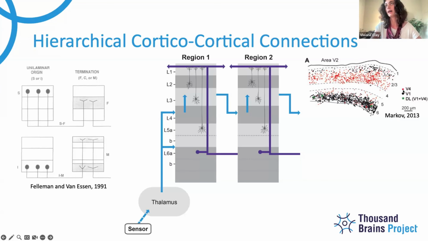And you can see that the dye inserted in V4, which is a region located higher in the hierarchy than V2, gets inputs from layer 2-3 of V2, and then V1 is the region that's lower in the hierarchy. And with the retrograde labeling, you can see that those would get input from layer 6 and further, like upper layer 2-3 and layer 1 of V2.